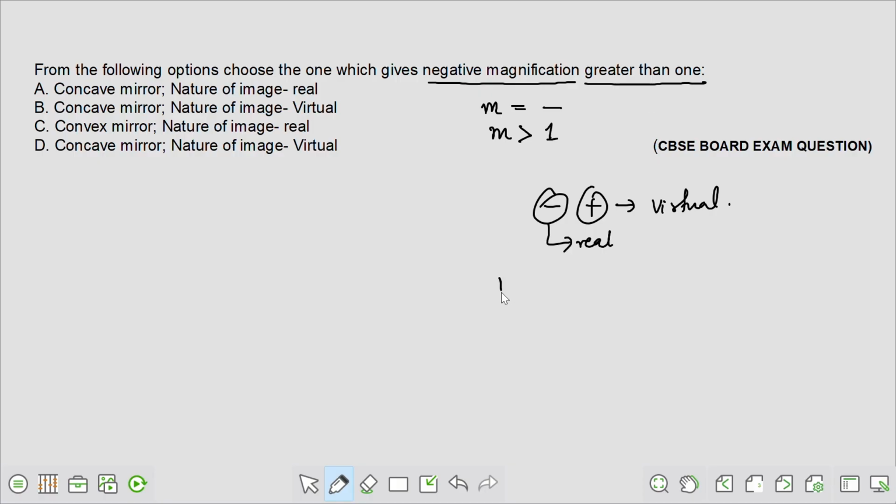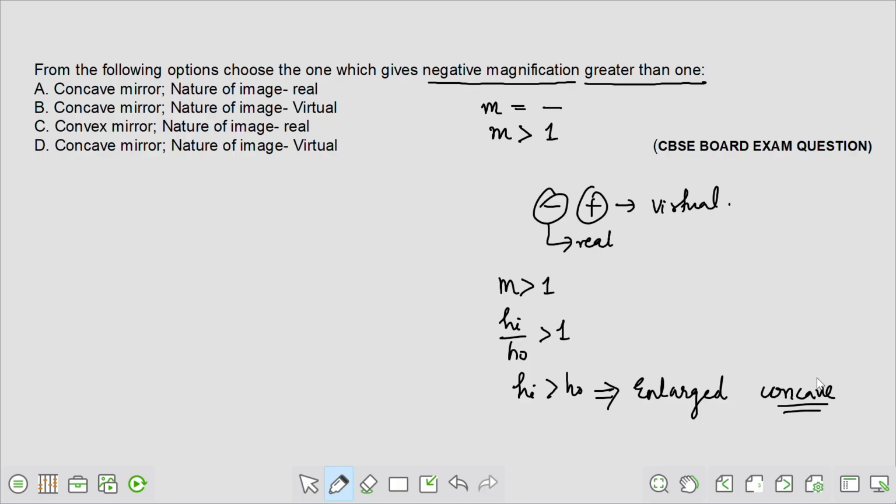Magnification greater than 1 means HI by HO is greater than 1, that is, HI is greater than HO, the height of the image is greater than the height of the object. What does it mean? The image formed is enlarged. Which mirror forms an enlarged image? Yes, only concave can give an enlarged image.